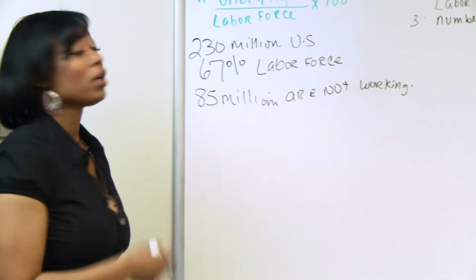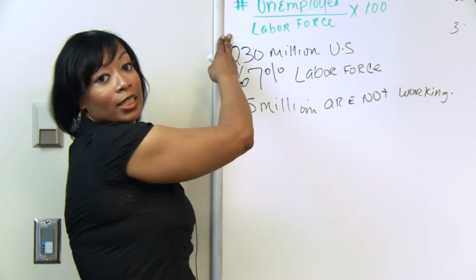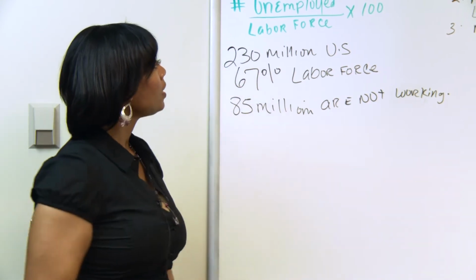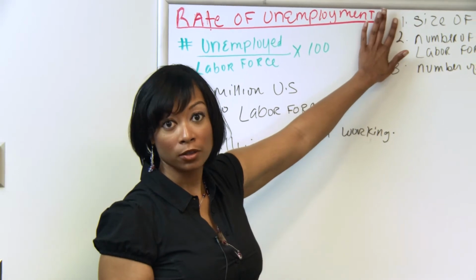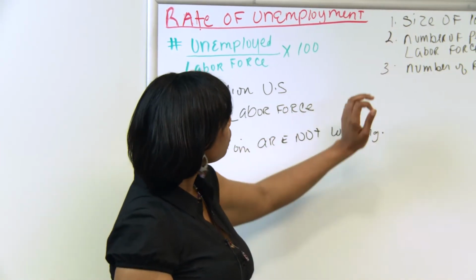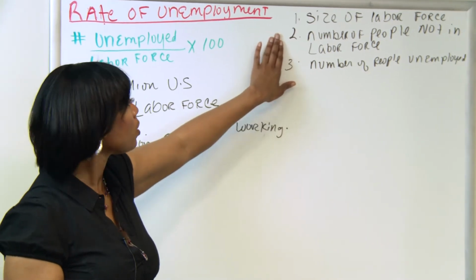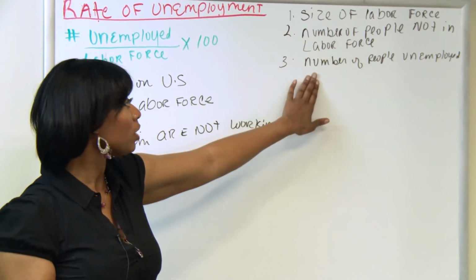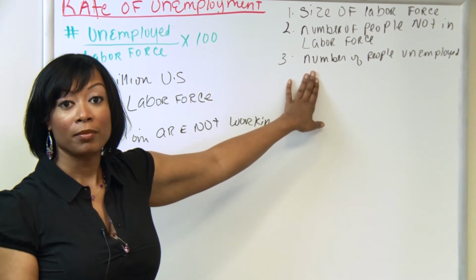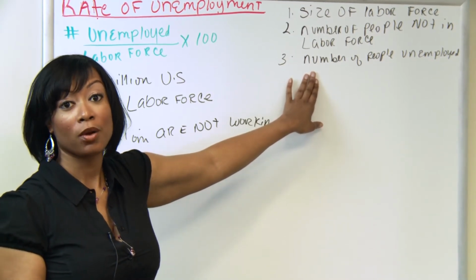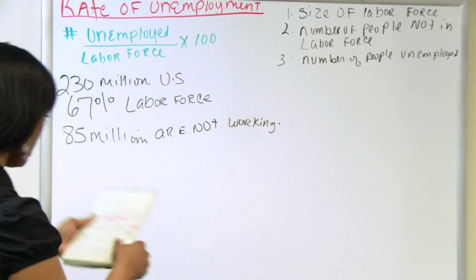We're going to solve for three things first before we can plug the information needed into our formula. First, we need to determine the actual size of our labor force. Then we need to figure out the number of people that are not in the labor force in order to then determine the true number of people that are unemployed. Again, to be unemployed means that you are actively looking for work and you are not included in the labor force. So let's start.